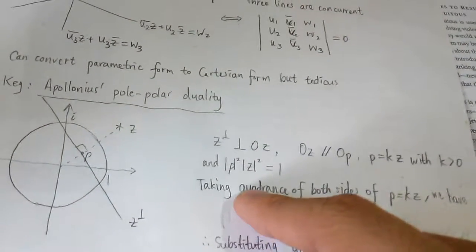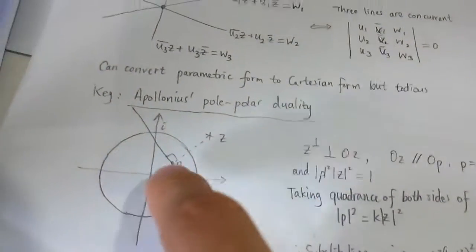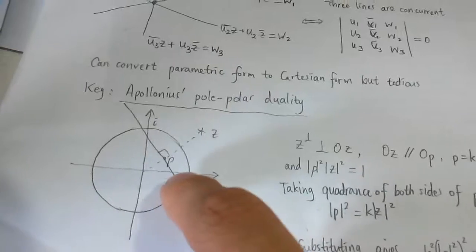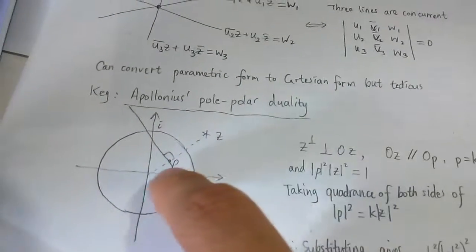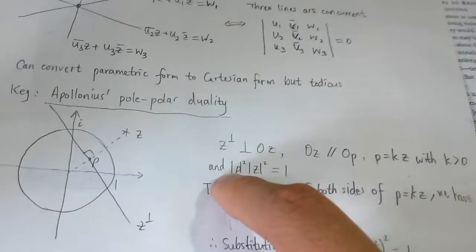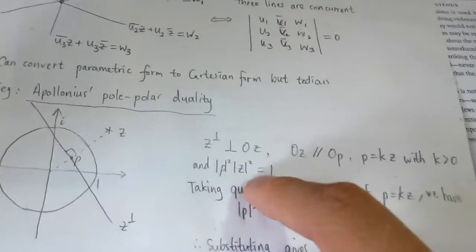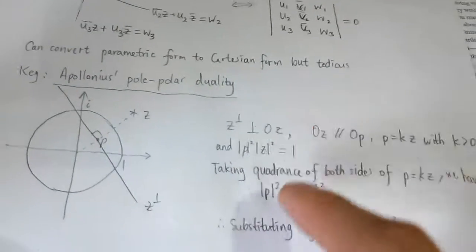We also have the relation from usual inversive geometry, where the modulus of p squared times the modulus of z squared equals 1.